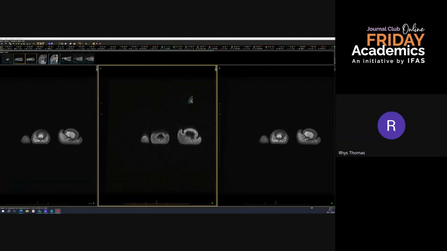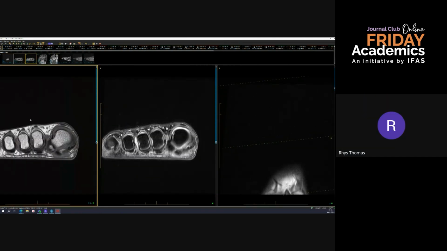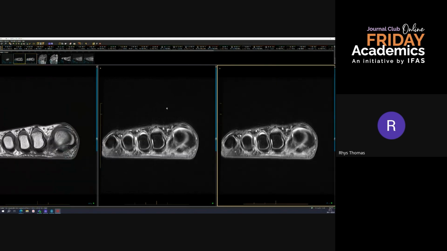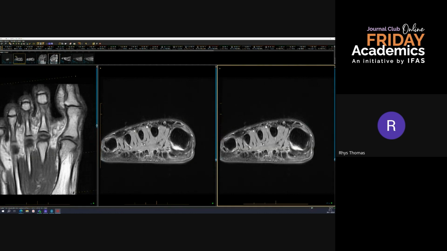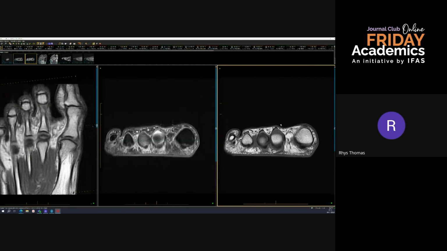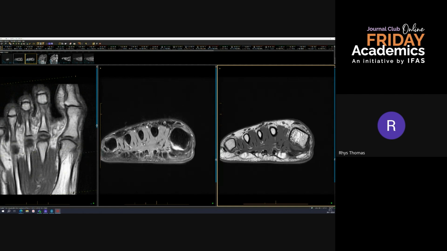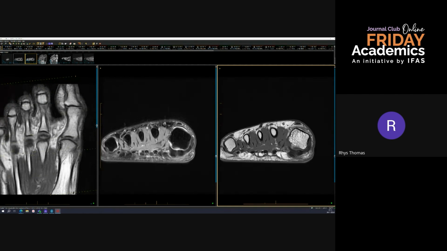In my experience, the important thing when it comes to Morton's neuroma is having a good quality T1 non-saturated sequence. So let's start with this intermetatarsal space here between 2 and 3.